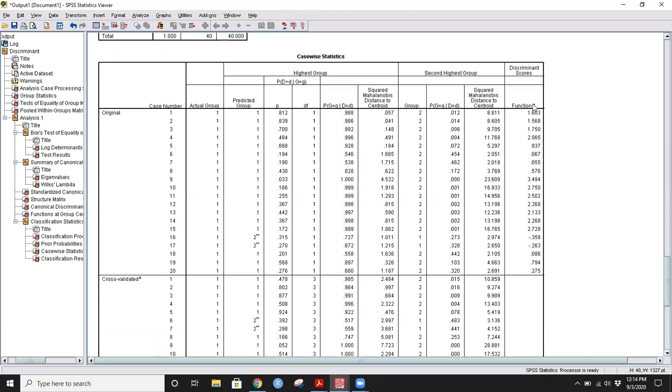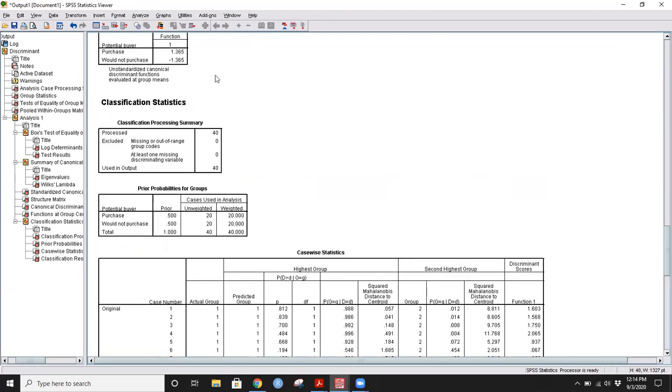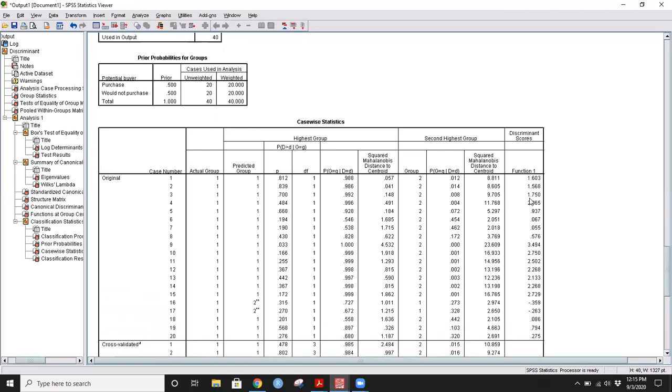So we just discovered that our cutting score is 0, and the guiding light is that for individual 1, say case number 1, if the discriminant score is greater than 0, classify that customer in group 1. If it is less than 0, classify that customer into group 2. It's like that.